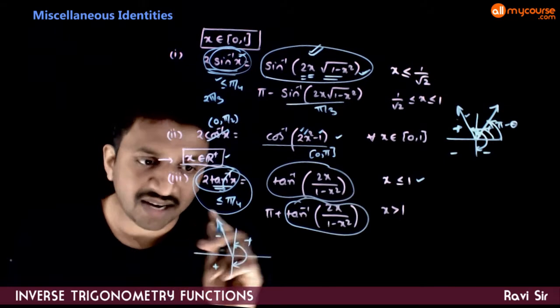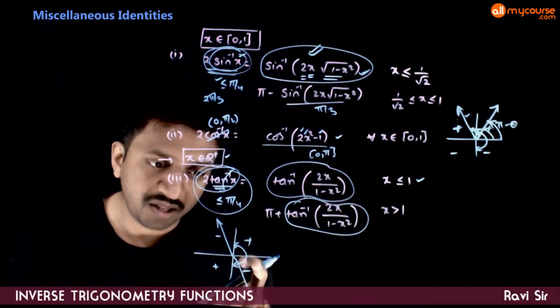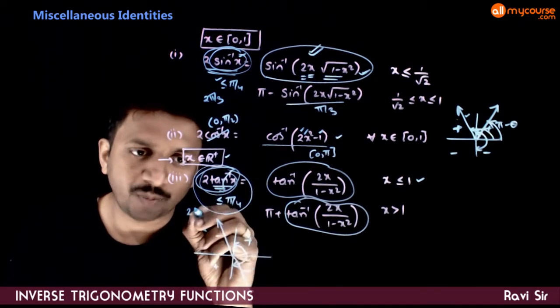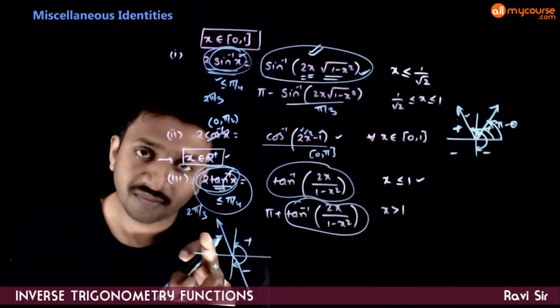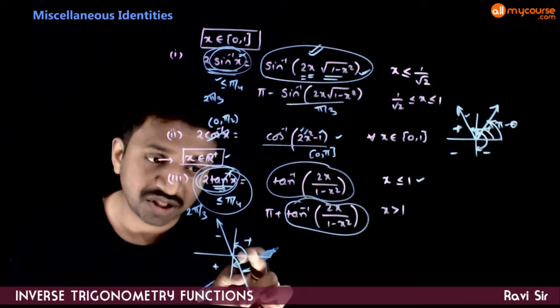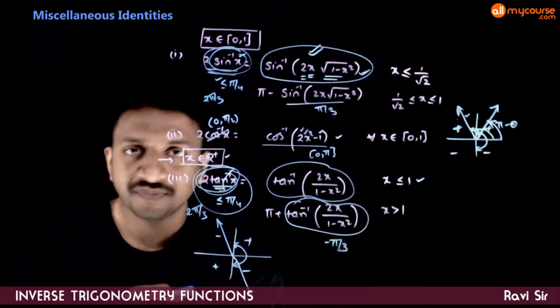So negative side, you have to go to negative side, means this formula will give you this angle. For example, if this total angle is 2 pi by 3, this formula will give you the allied position in the fourth quadrant, which is minus pi by 3.